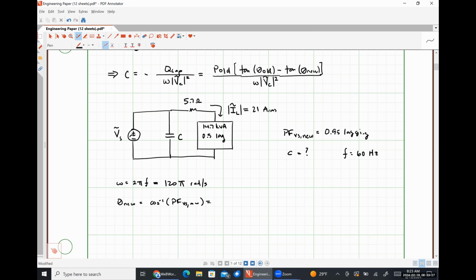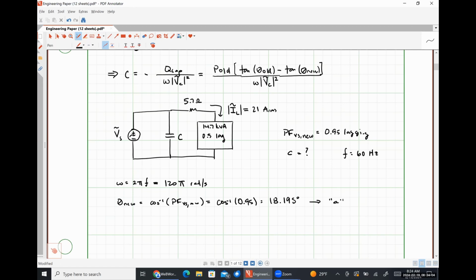So the inverse cosine of 0.95 lagging is 18.195 degrees. And I'm going to store this in my calculator as A. So now we have 2 of the 5 pieces of information that we need.